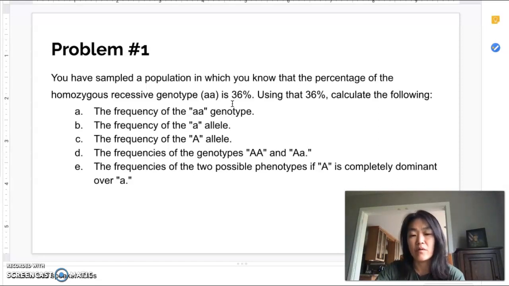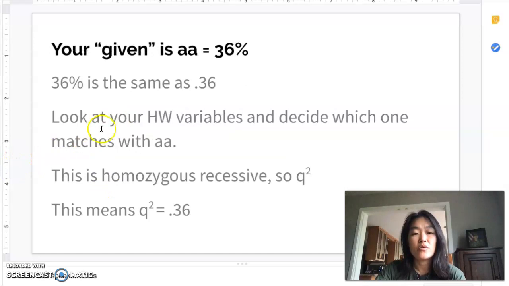That's probably going to be more helpful in your calculator, so interpret 36% as 0.36. Make sure you're writing that down. Okay, so let's go through and answer each of these, A, B, C, D, E, and we'll walk through each one.